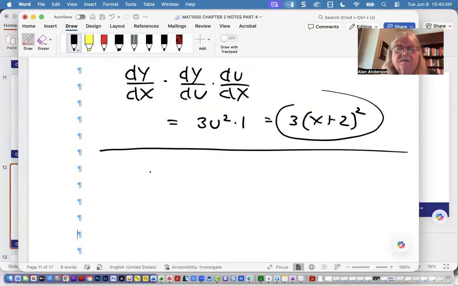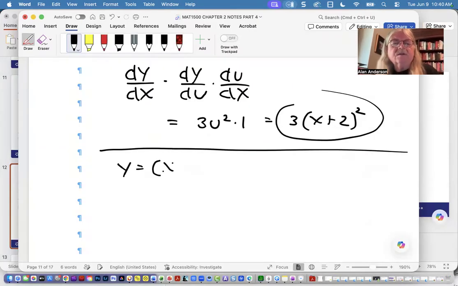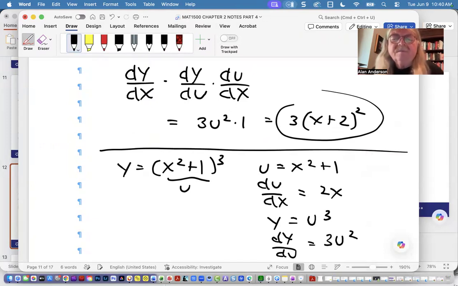Let's try this. y is x squared plus 1 cubed. So if I let this be u, du/dx is 2x. If y is u cubed, dy/du is 3u squared.